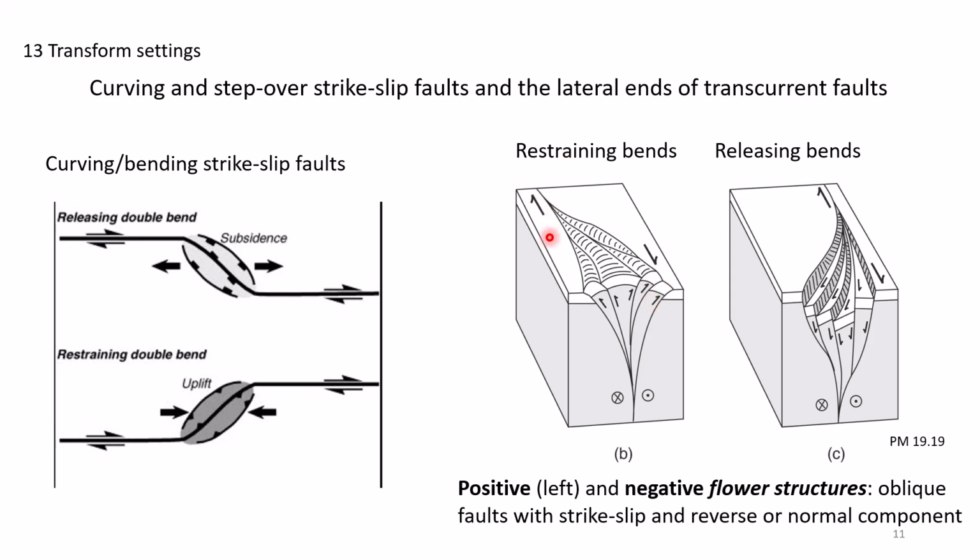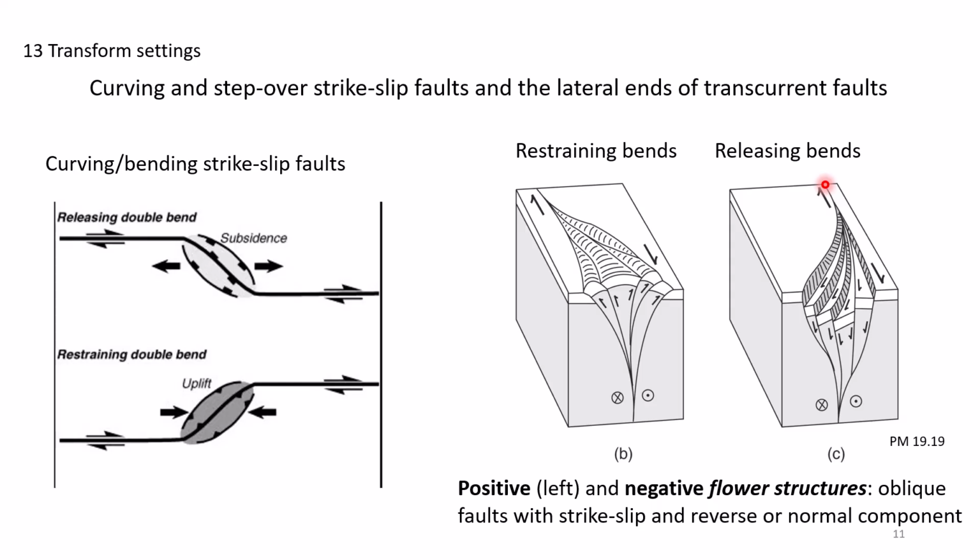We see a dextral movement along a curving fault, and in between we find several segments of reverse and thrust faults, along which material is moved upwards, and that creates the topographic uplift that is typically seen in young curving strike-slip faults. Such a feature is also referred to as a positive flower structure, sometimes also called a palm tree structure, for its obvious geometrical features.